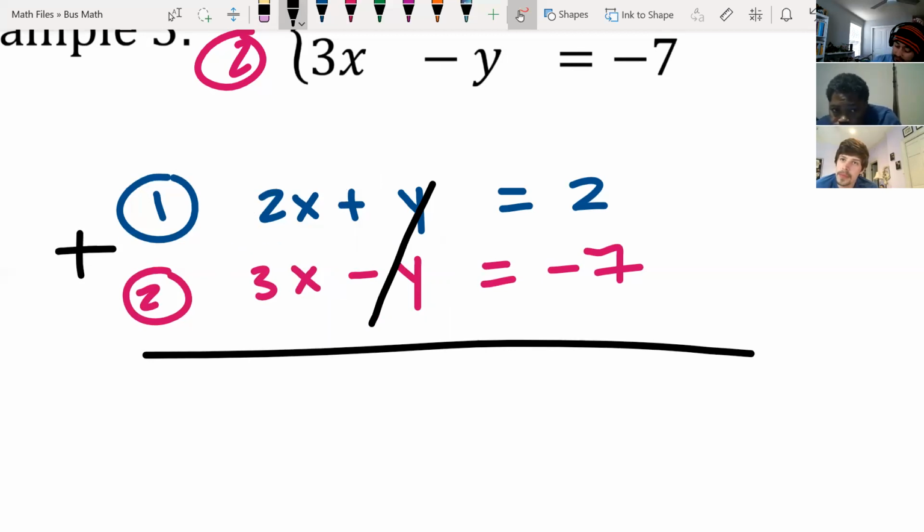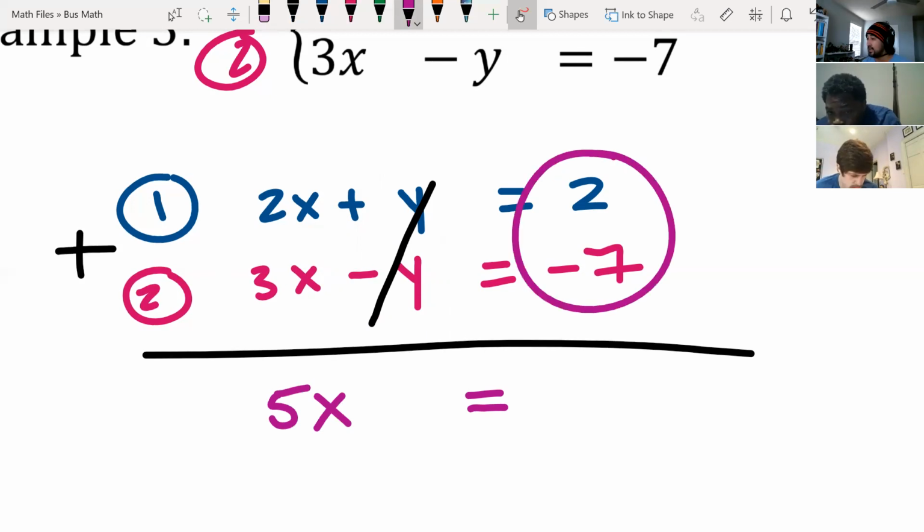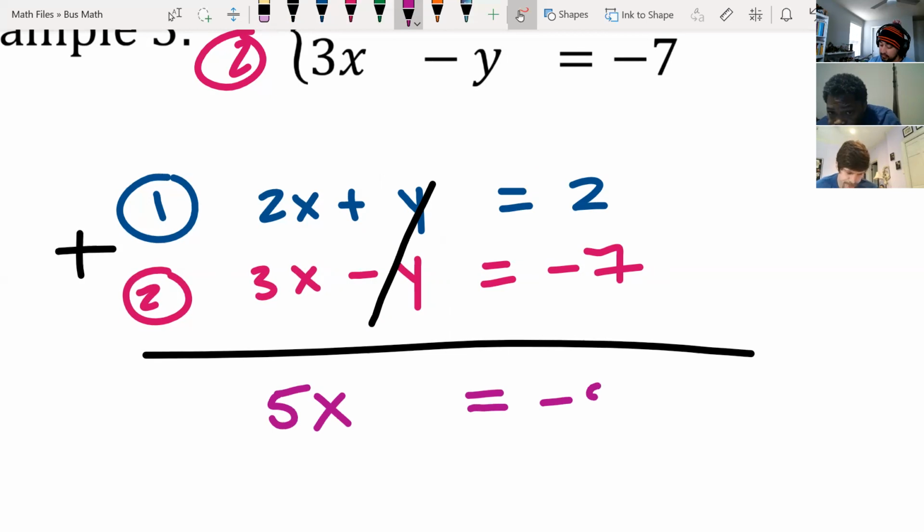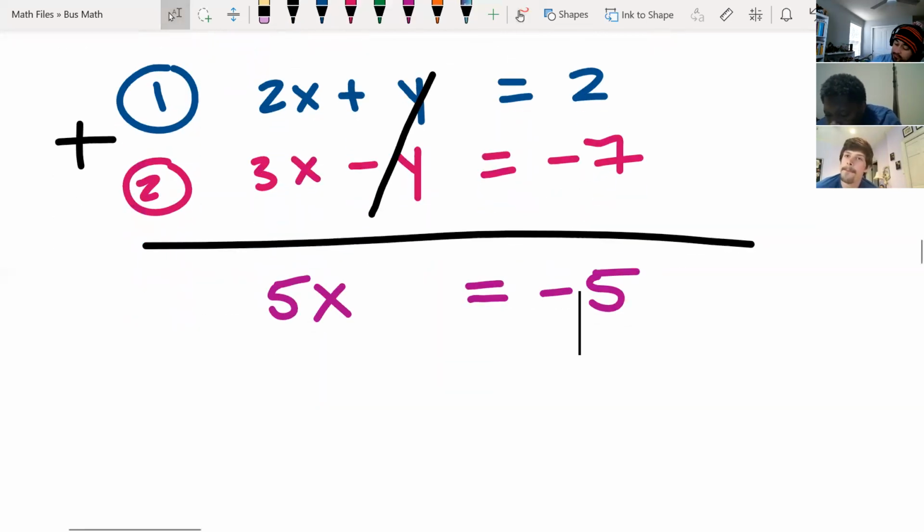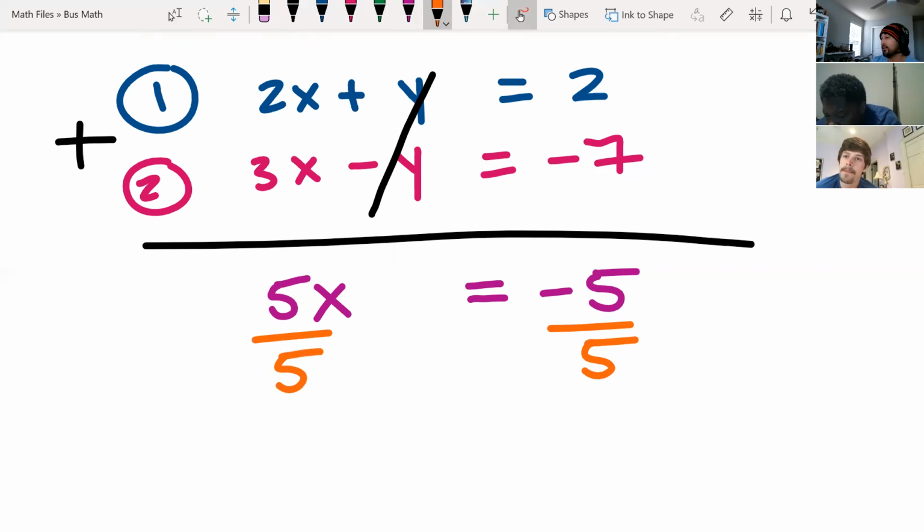So I'm going to get this new equation, 5x equal to, and you're going to add up the numbers on the outside as well. 2 plus -7 gives me -5. And all we have to do here is divide by 5, divide by 5, and look at this. X is equal to -1.